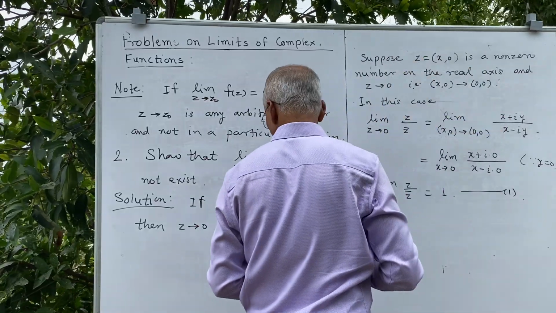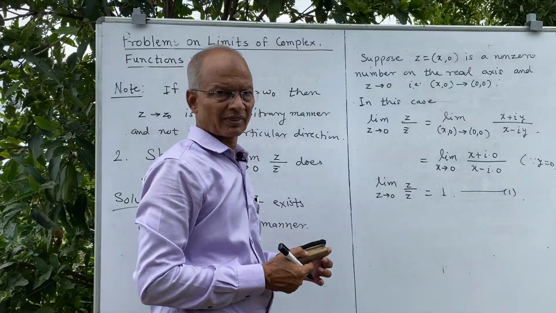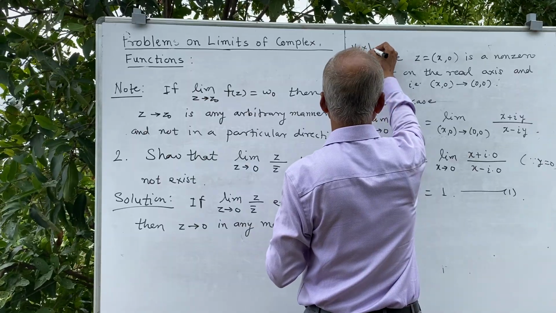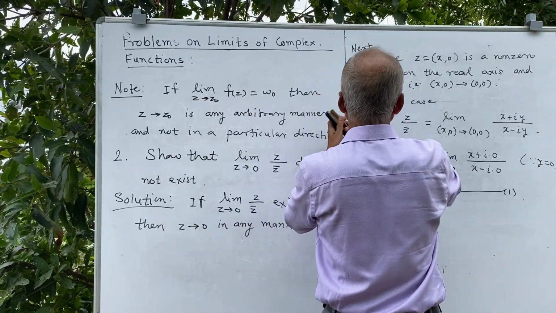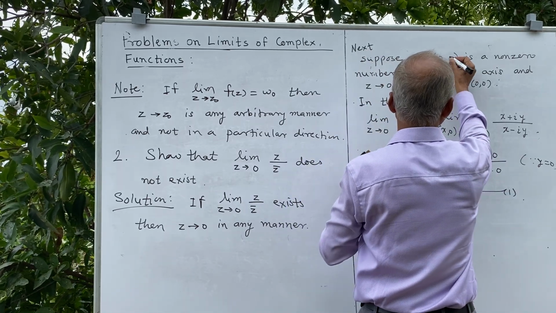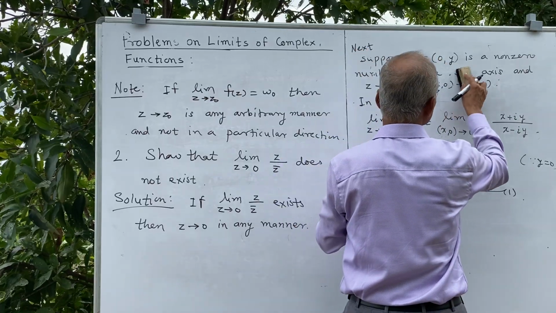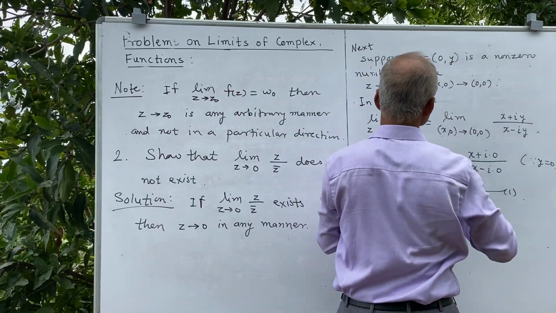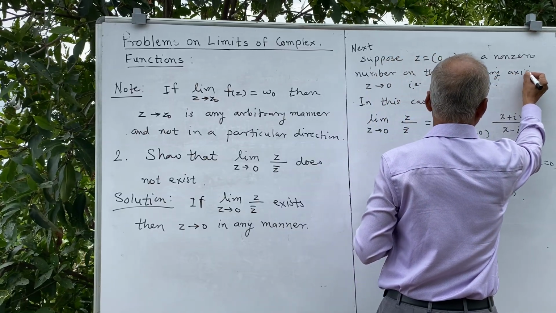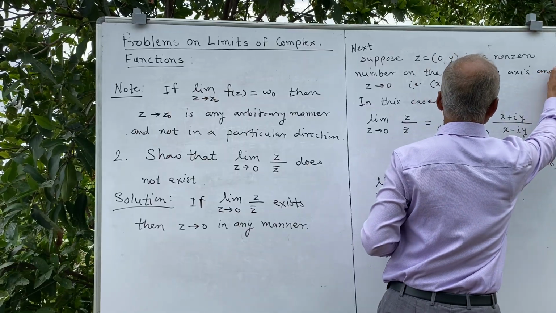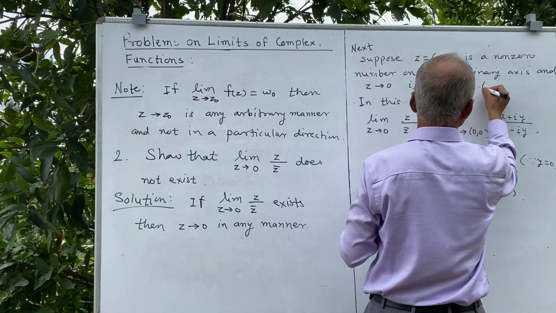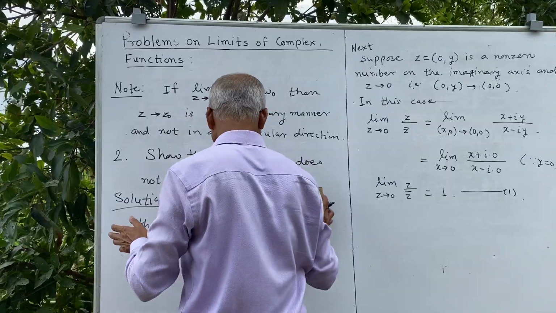Now we shall suppose z is 0 comma y, that is a point on the imaginary axis. Next, suppose z is equal to 0 comma y, a non-zero number on the imaginary axis. And z tends to 0, that is 0 comma y tends to 0 comma 0.